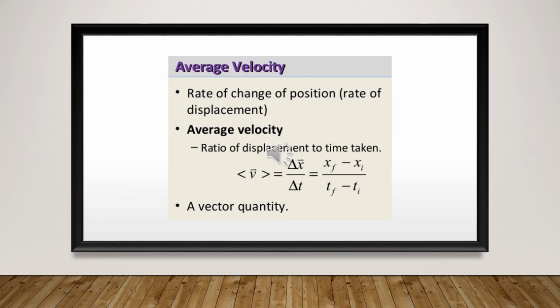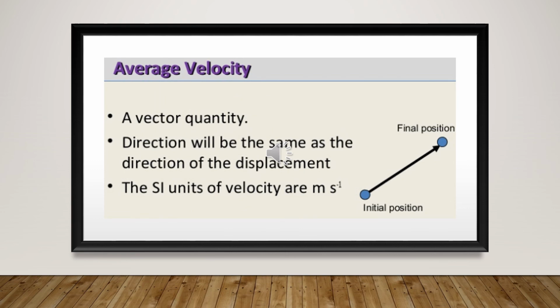And as you know that in the velocity the displacement is involved, so velocity is a vector quantity. We can conclude about the average velocity: average velocity is a vector quantity. Its direction will be the same as the direction of the displacement, and SI unit of the velocity is meter per second.